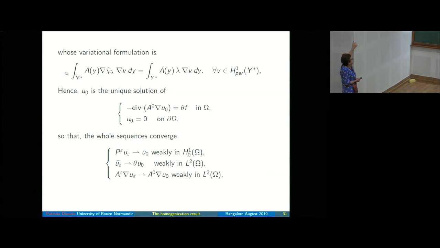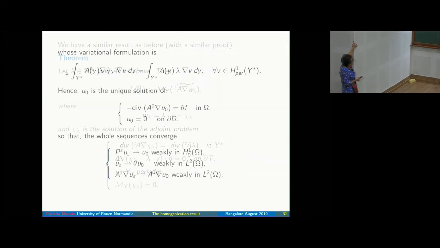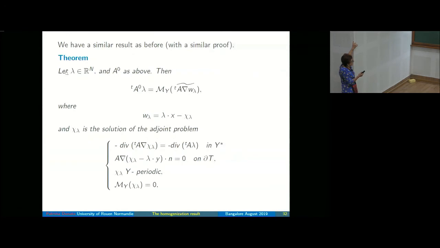So all the sequences we are involved with converge, not only subsequences. So we have P epsilon U epsilon converging, the tilde extension, and the momentum. Voila. Okay, there is a small error, a small cut and copy.